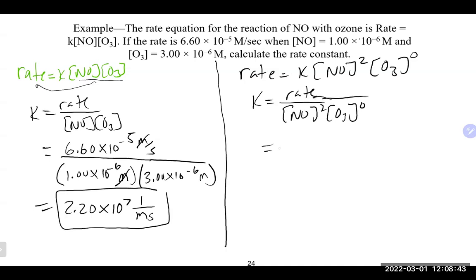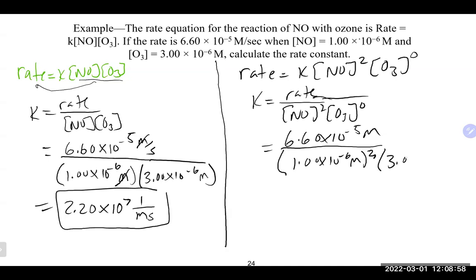We would put in our numbers, divided by our NO, which is 1 times 10 to the minus 6 molar, and we would square it, which was the question. And over here, we would have O3 to the 0 order. As we talked about, anything to the 0 order will equal 1, so that will sort of cancel out.